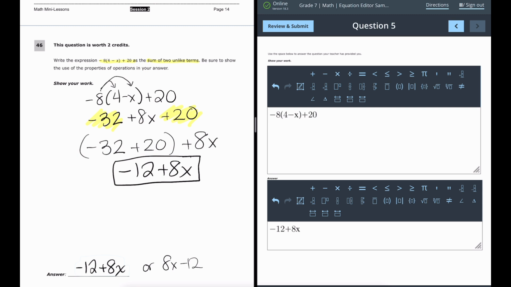Now, the first thing I'm going to do is distribute. So I'm going to put negative 32 plus 8x plus 20. I'm even going to write, first I will distribute.